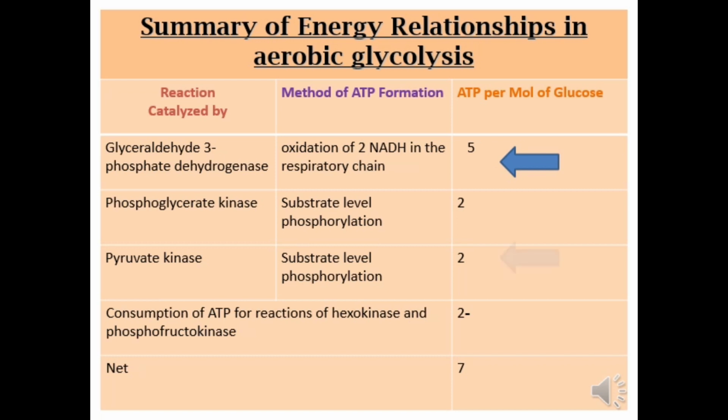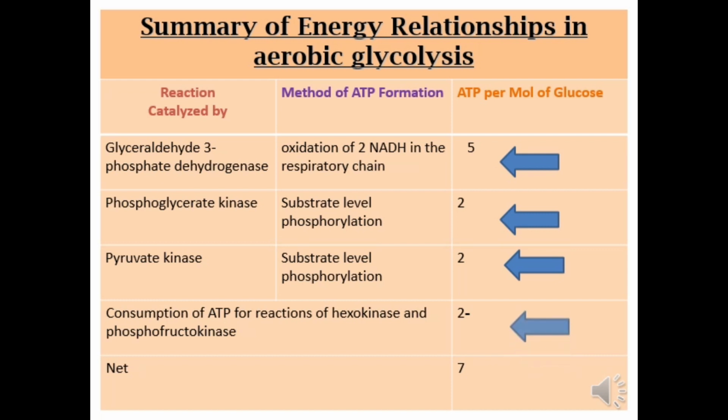In the reaction catalyzed by phosphoglycerate kinase, there is production of energy at substrate level, 1 molecule, and we have 2 molecules of glyceraldehyde. Therefore, we have 2 molecules of ATP. In the reaction catalyzed by pyruvate kinase, there is also production of ATP at substrate level, and we have 2 molecules of ATP.